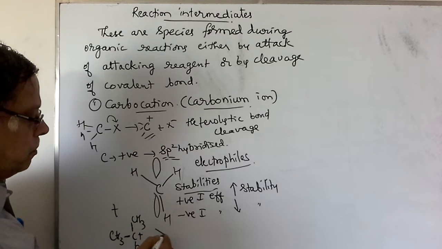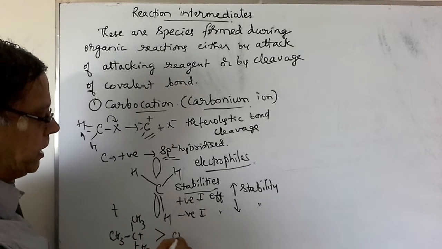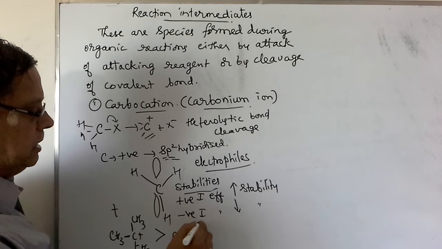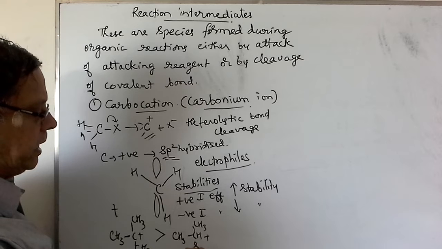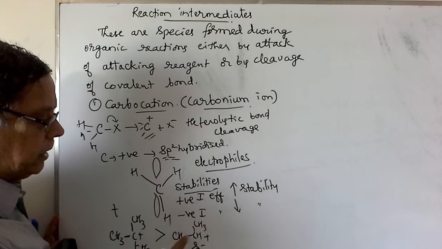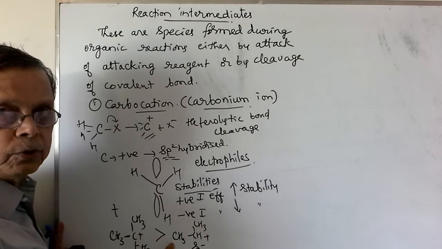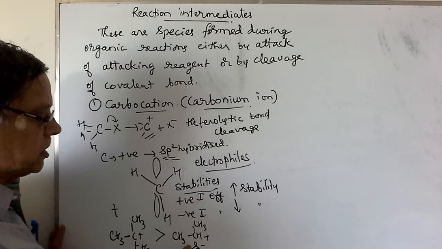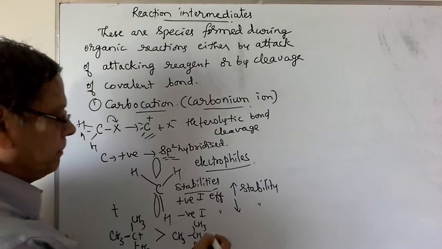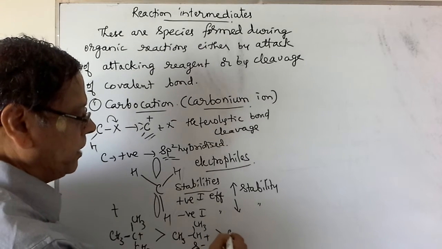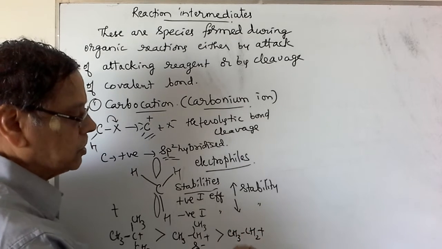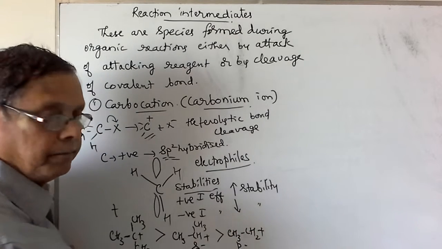That's why this becomes more stable as compared to CH3CH+CH3, that is a secondary carbocation. Since there are only two positive inductive groups, this is less stable as compared to tertiary butyl carbocation. This in turn is more stable as compared to ethyl carbocation, CH3CH2+. This is actually primary.